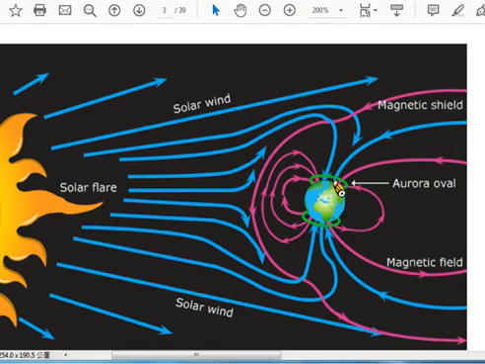But since there are also electrical and magnetic fields surrounding the Earth, the magnetic field will repel or change the direction of these radiation particles, so that these high energy particles will not collide with the Earth directly, but will change their directions.